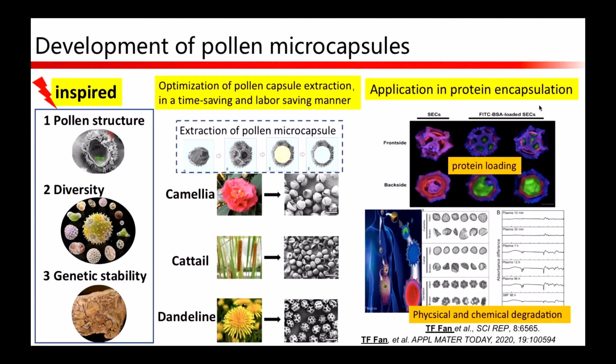Then we use the pollen microcapsule as a drug or protein carrier, and we load fluorescence-labeled protein into the pollen, and it shows very high loading capacity and very high loading efficiency. Then we also investigate the physical and chemical degradation of the pollen microcapsules within body conditions.